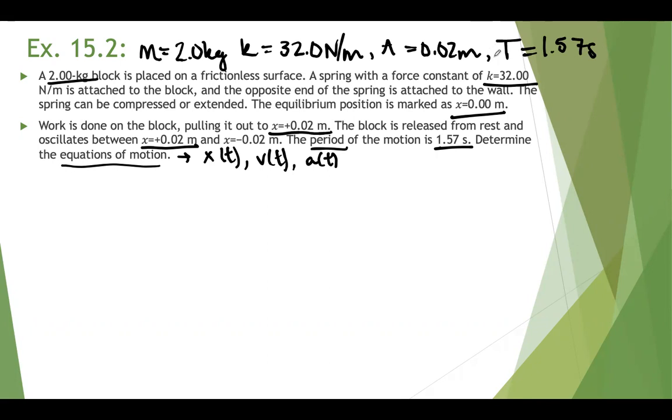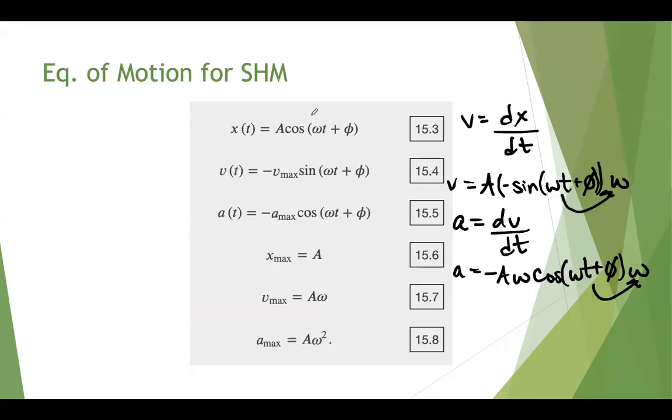Okay. So let's look at what we need. We need our A. We need our omega. Okay. We don't need our T. Our T is going to be our variable here. Okay. We don't have a phase shift. It didn't indicate one. So that goes away.